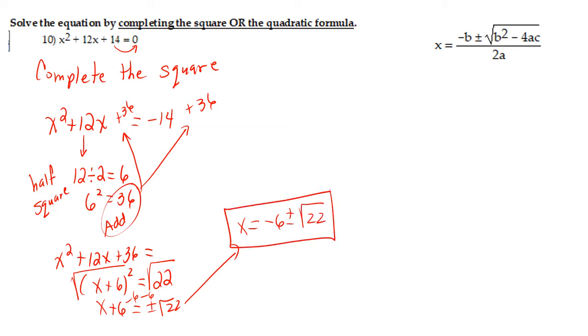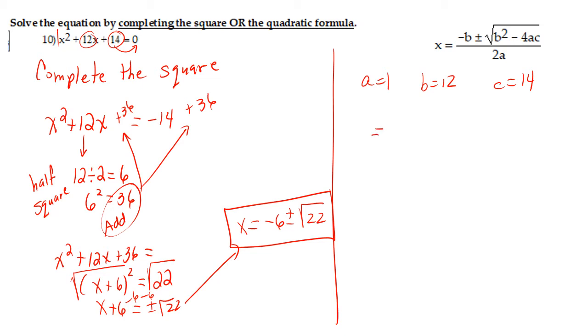That implies two answers. Now to solve with the quadratic formula, we would start out with a equals 1 because of the 1x squared, b equals 12 because of the 12x, and c equals 14 because of the original 14 before we moved it with the other process.